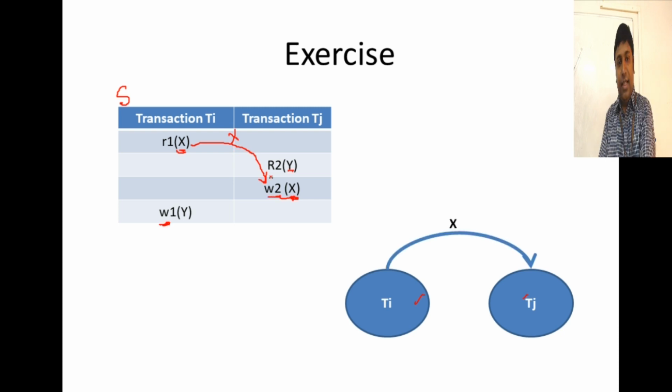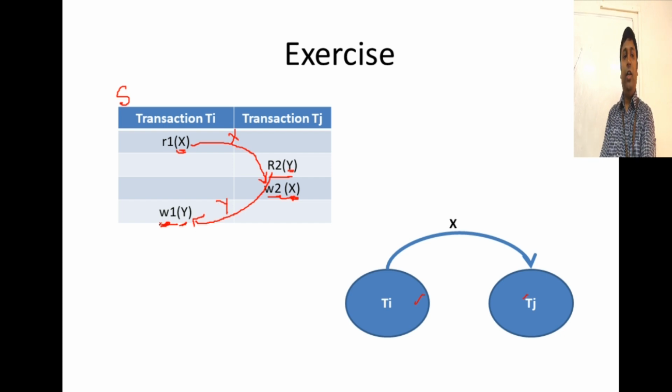You also see there is a read operation of Y happening here, whereas again on Y there is a write operation happening in Ti. So again there is a conflict here, and Ti writes it later on in time. So what we have to do is have an arc pointing from Tj to Ti on which item? Y. Is this clear?